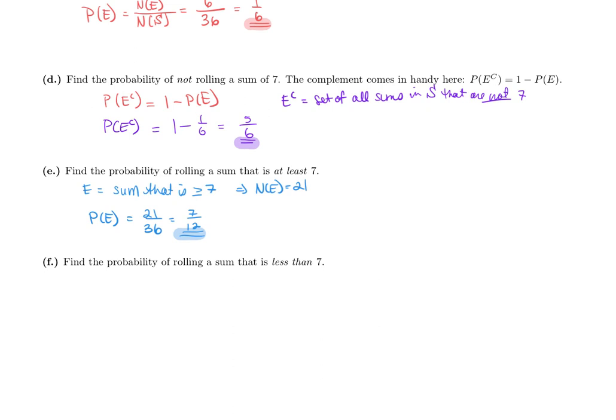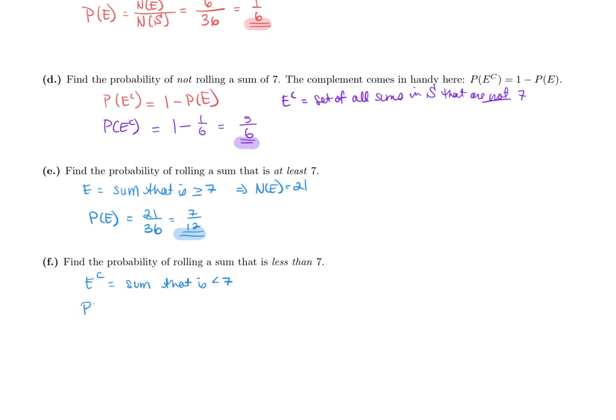So F asks us to find the probability of rolling a sum that is less than 7. So that means our complement here is we have a sum that is less than 7. And we remember from our negations from back in chapter 2 that if we have greater than or equal, its negation is less. And that's exactly what we have here.